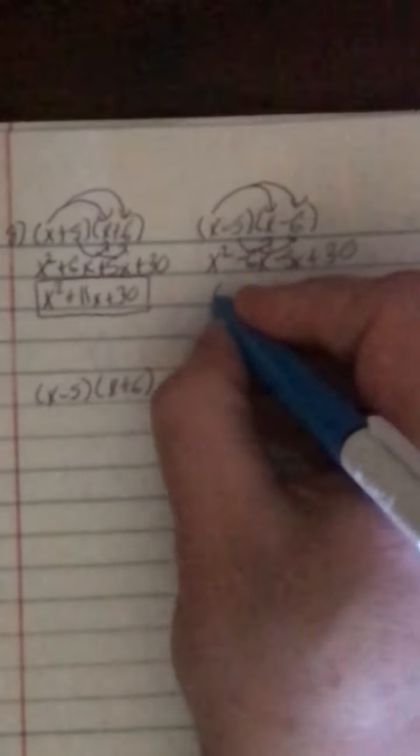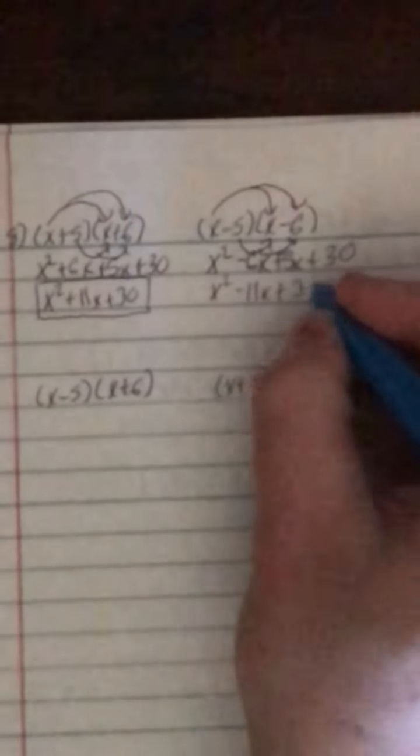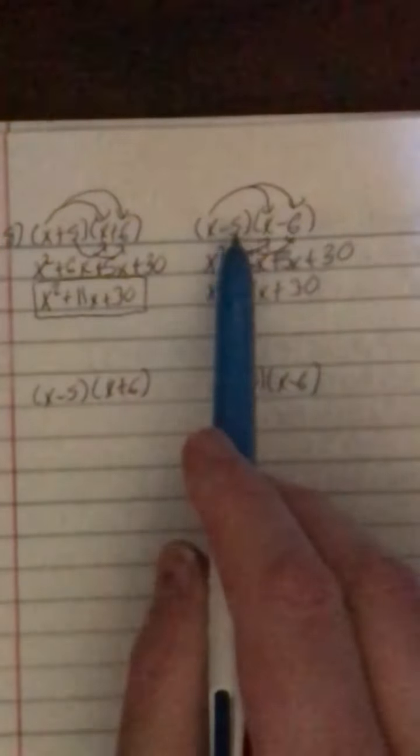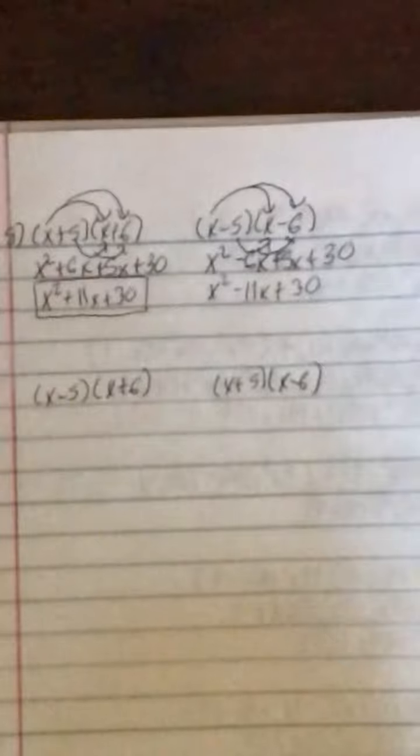So what do I end up with? X squared negative 6 plus negative 5. Negative 11x plus 30. Notice the difference. This had 2 positives, so the middle term was positive. This has 2 negatives, so the middle term is negative. Something for you all to think about.